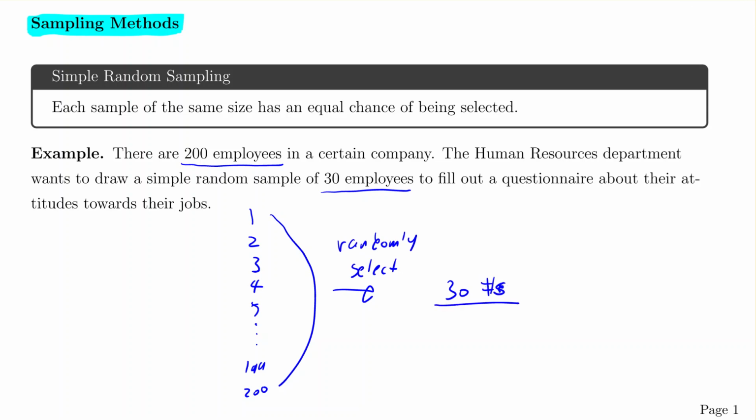We can also do this without a computer or any technology: we can put 200 pieces of paper with each number written on it, and we select 30 numbers randomly. The important thing in simple random sampling is that each individual or object has an equal chance of being selected. So it's the most basic way of sampling.